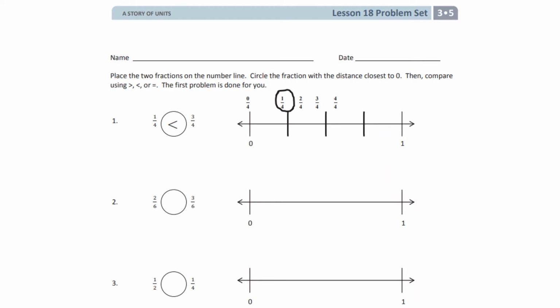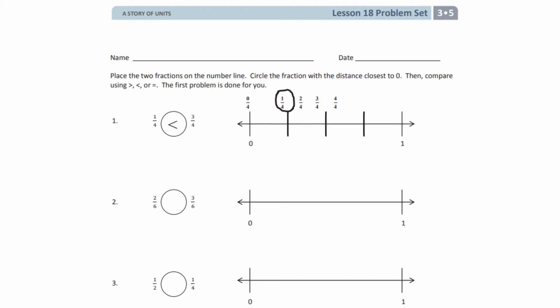So for these problems, what we're going to be doing is comparing fractions again with greater than and less than. But this time, instead of having the same numerator and different denominators, this time we have the same denominator for most of these. As you can probably see, number 3 is slightly different.